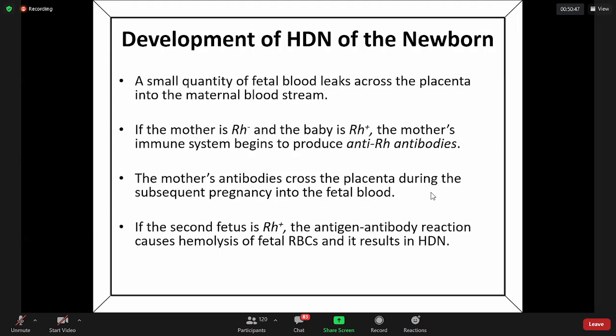That's what you just need to pick away from this. The mother's antibodies then cross the placenta during the next pregnancy into the fetal blood. And if the second fetus is also rhesus positive, the antigen-antibody reaction causes hemolysis of the fetal red blood cells, and this results in what we call hemolytic disease of the newborn.